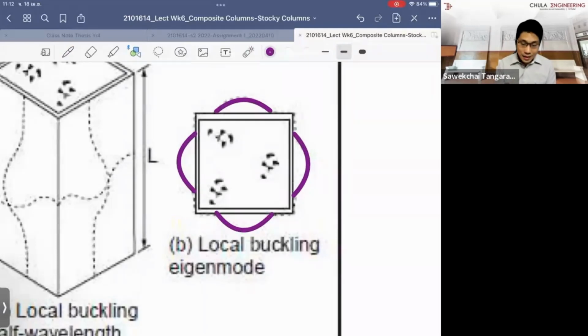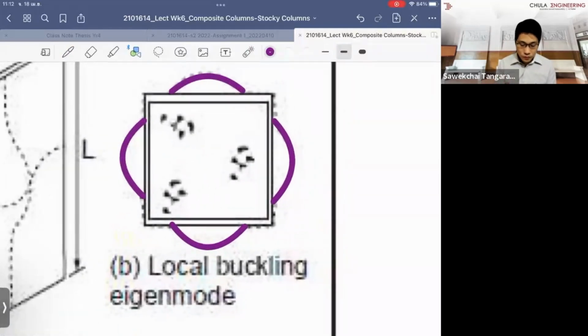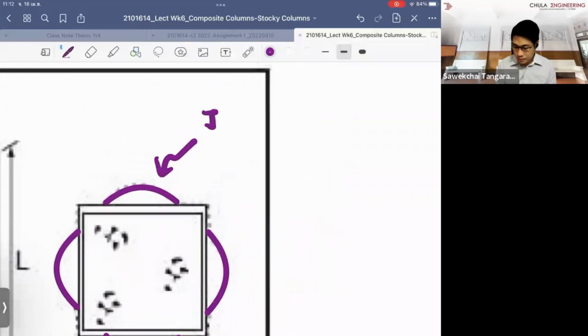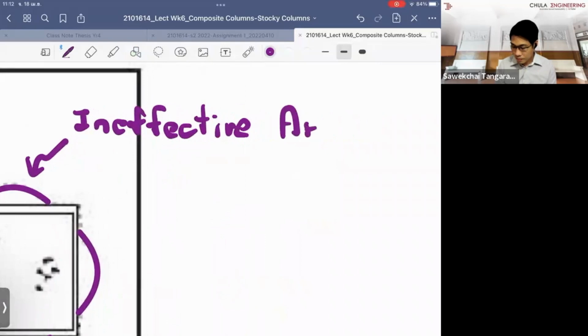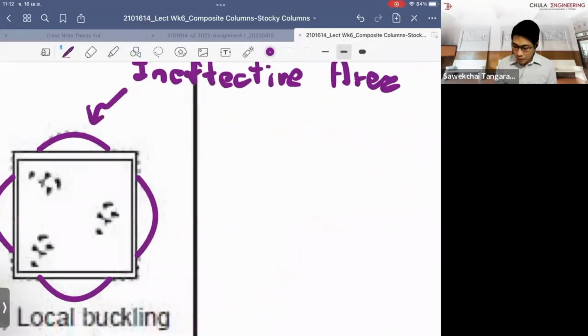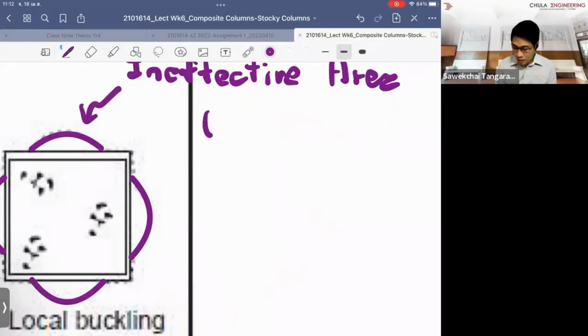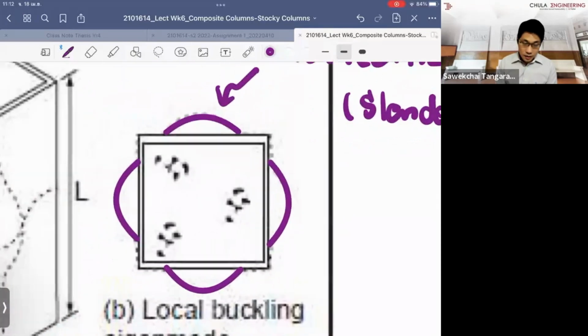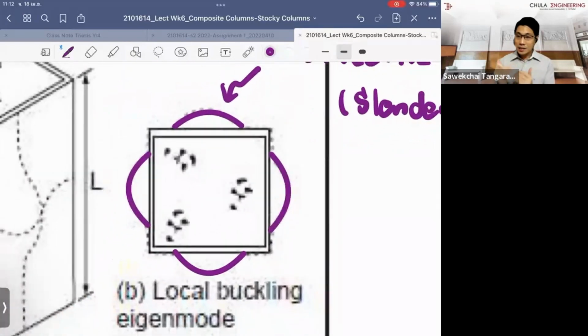So when you form the buckling curve, under a certain load, we say that these are ineffective areas, for the slender column. Then in the calculation, we adjust, just to approximately adjust the capacity of the column.